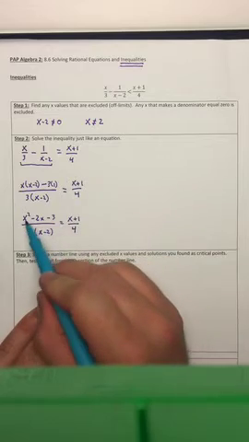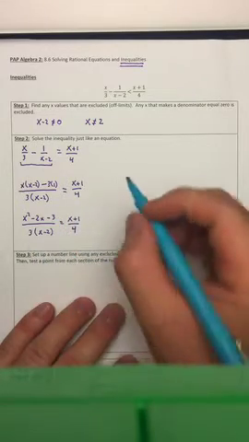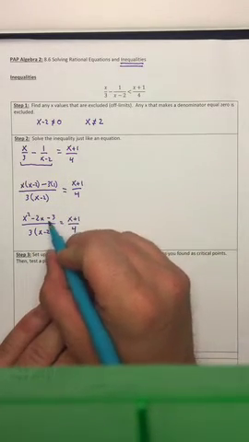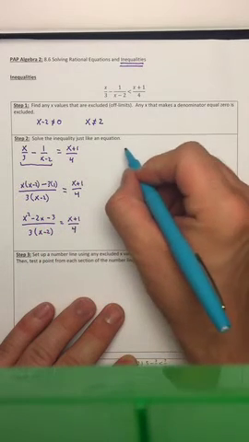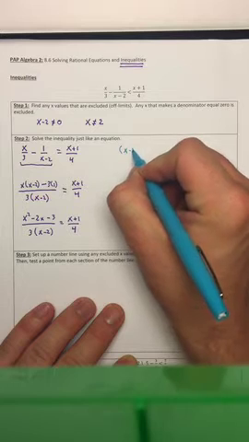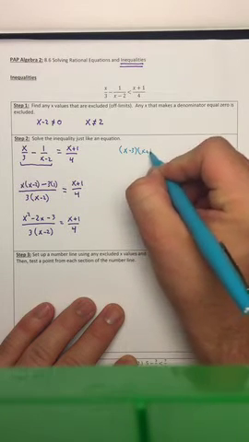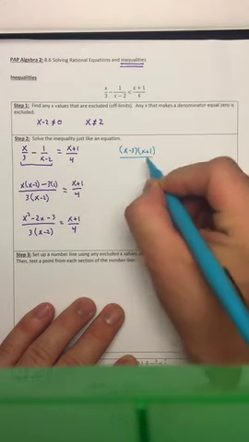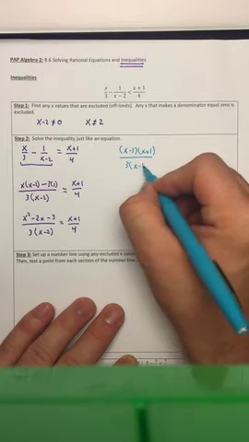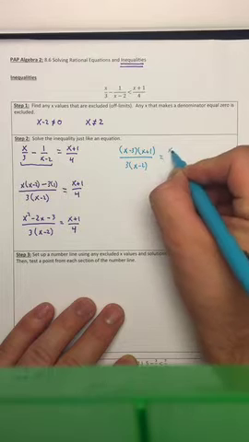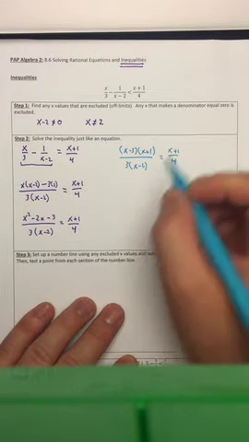Now before we even do that, I see a quadratic trinomial that I'm going to see if I can factor. Two numbers that multiply to -3 that add up to -2. That's going to be x minus 3 times x plus 1. So I have x minus 3 times x plus 1 over 3 times x minus 2 equals x plus 1 over 4.